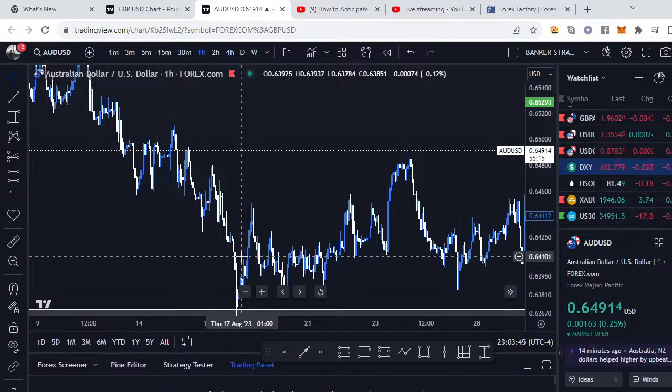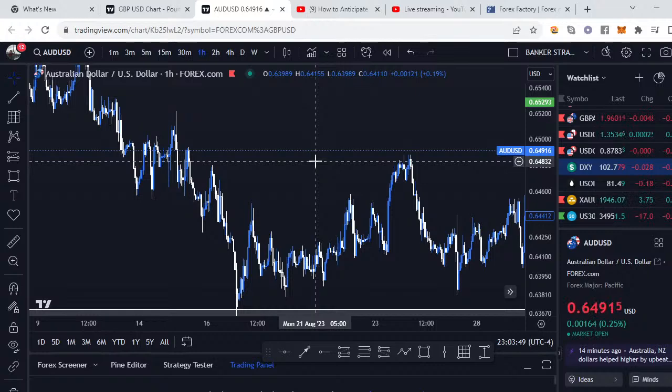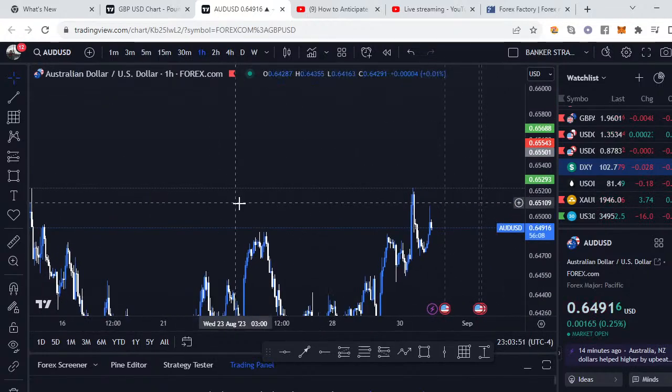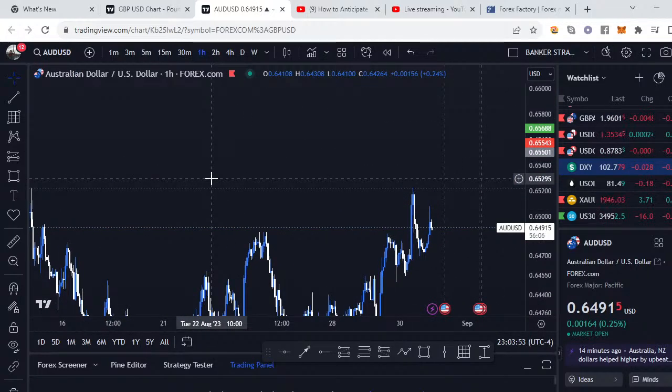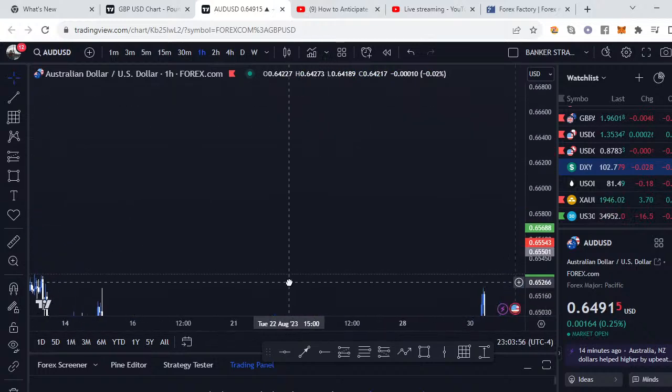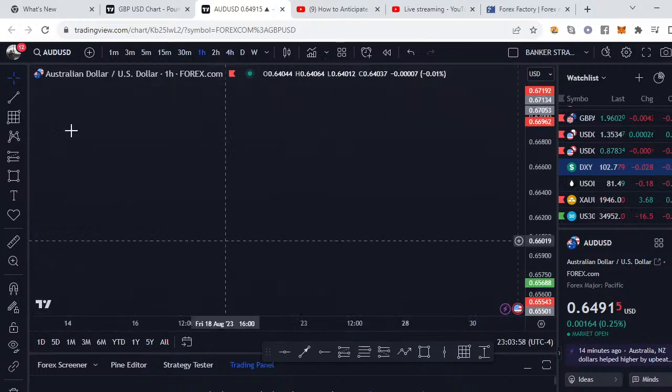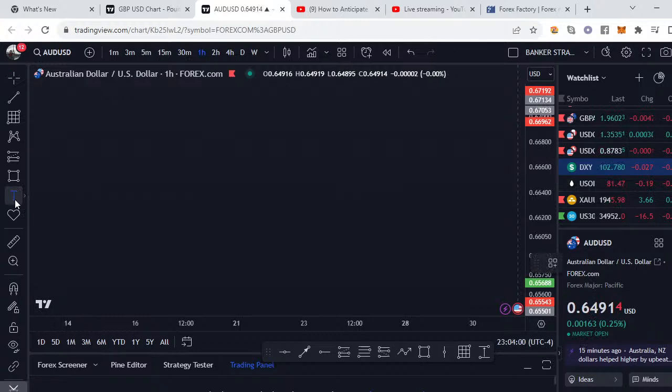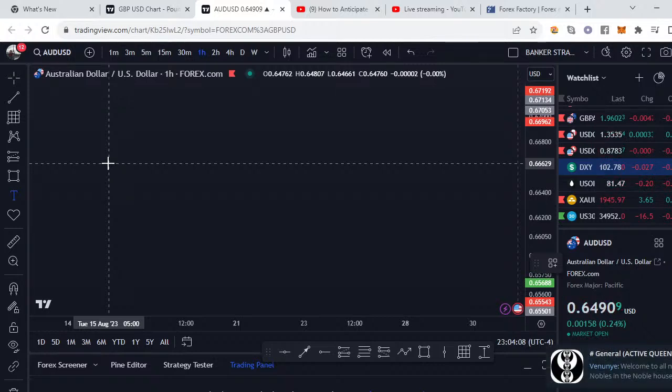Now let me give you a breakdown of what the Forex market is. Forex market is basically real time, real currency being traded on a live market. Real money being traded between two currencies live on the real market.